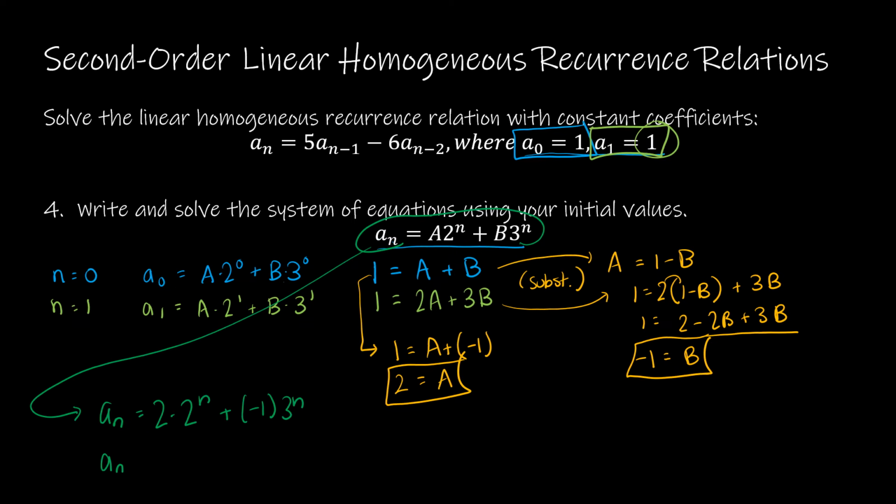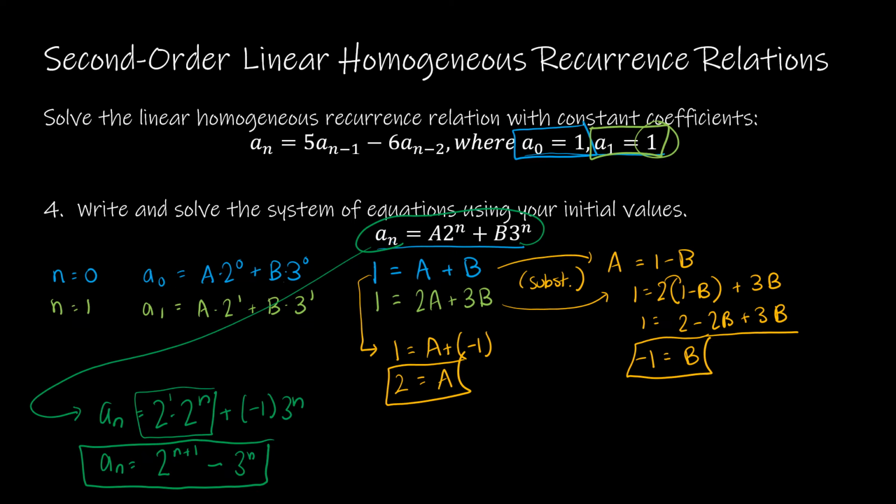So a sub n is equal to, notice this is 2 times 2 to the n, so using those rules for my exponents, 1 plus n is n plus 1, so 2 to the n plus 1. And then negative 1, so I'm just going to turn it into a minus instead, and then 3 to the n. So this is my solution. This is my explicit function that will find any solution for this particular sequence.